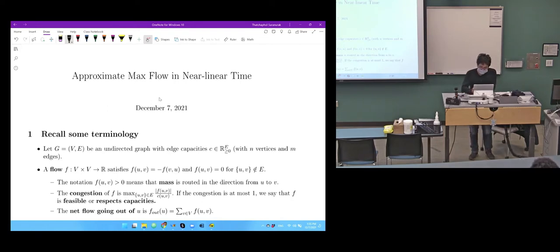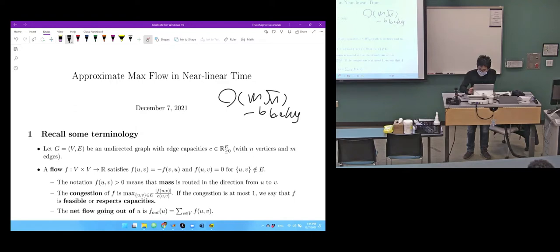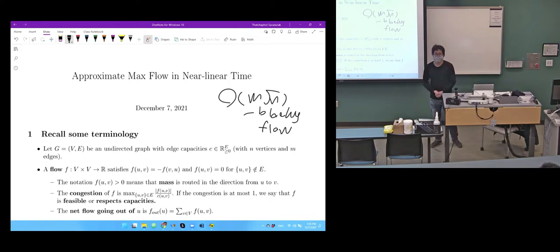Even in a unit capacitated graph, the best known time was something like m root n, based on blocking flow. And this is just the best known for like 40 years or something.